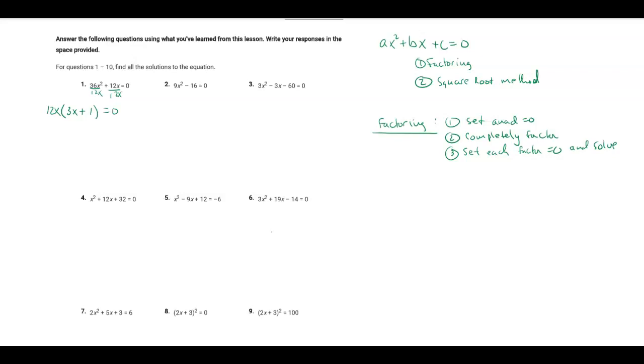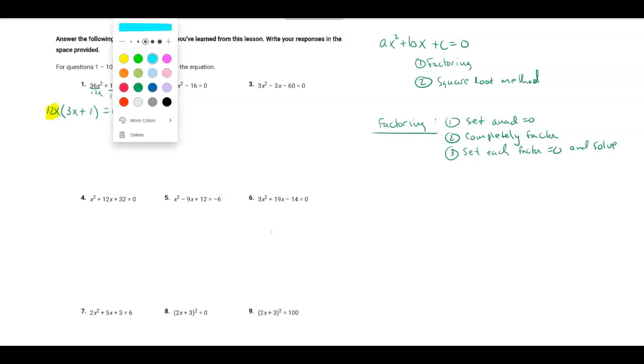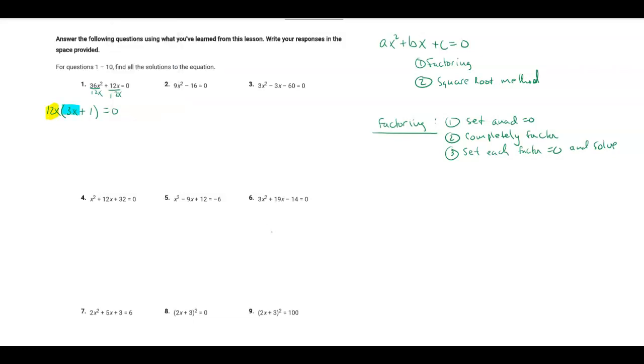Now our goal is to find what value of x makes this equal 0 and what value of x makes this equal 0. So right away, we take 12x, pull it out, set it equal to 0. We take the 3x plus 1, pull it out, set it equal to 0.